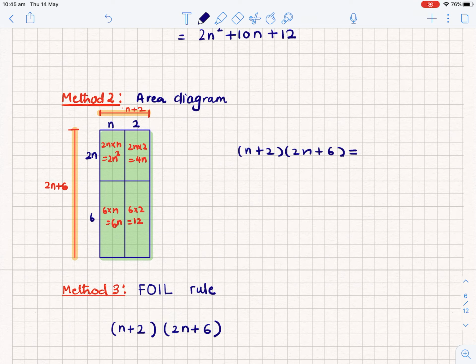So that gives you 2n squared plus 4n plus 6n plus 12. Again, if you combine like terms, that gives you 2n squared plus 10n plus 12.